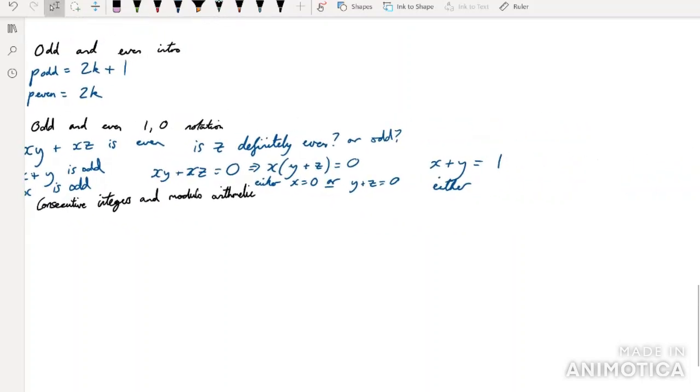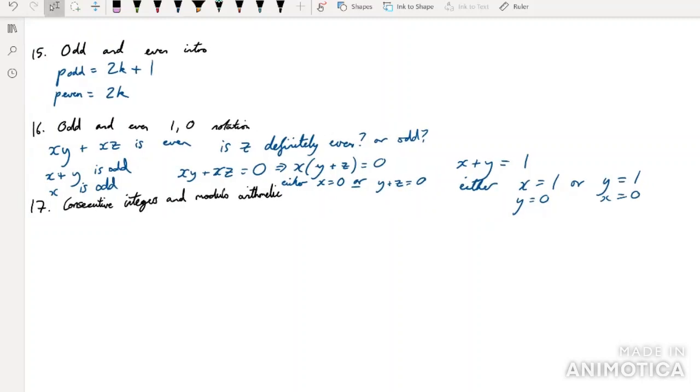Okay, so either x equals 1 or y equals 1. So either x equals 1, y equals 0, or y equals 1, x equals 0. Actually, no, let's throw this one away. Let's just see where we can get to with this information.